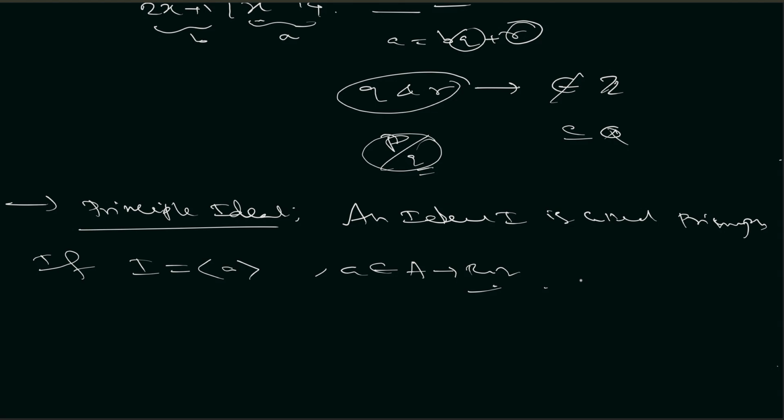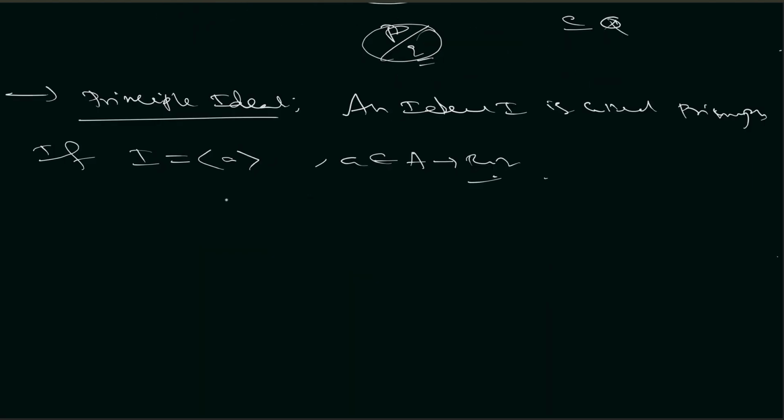Now there are some examples which are not principal. So I will ask a question right now. What are the principal ideals? Let's come to an example. Suppose you have Z[√-5]. You know this ring, right?